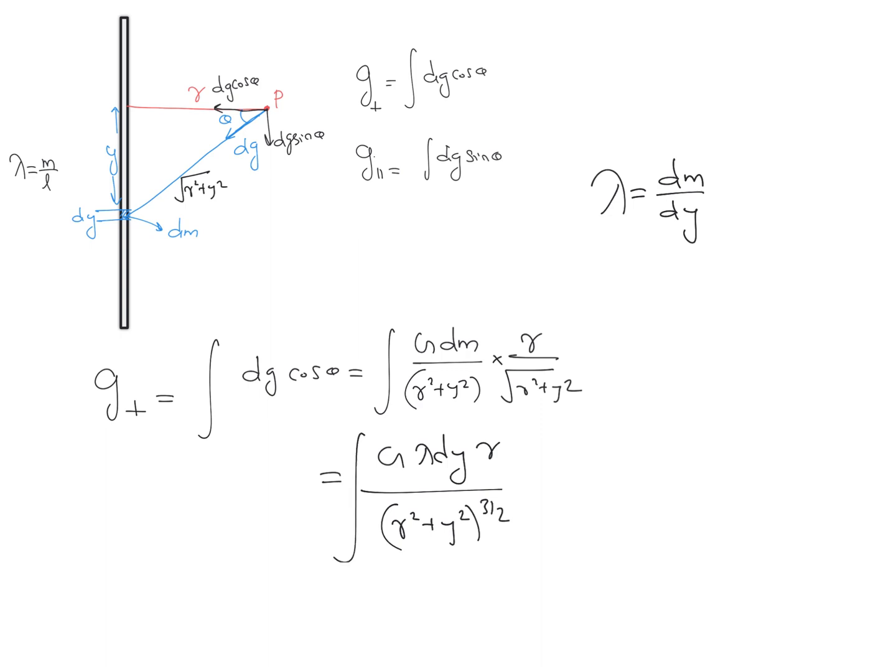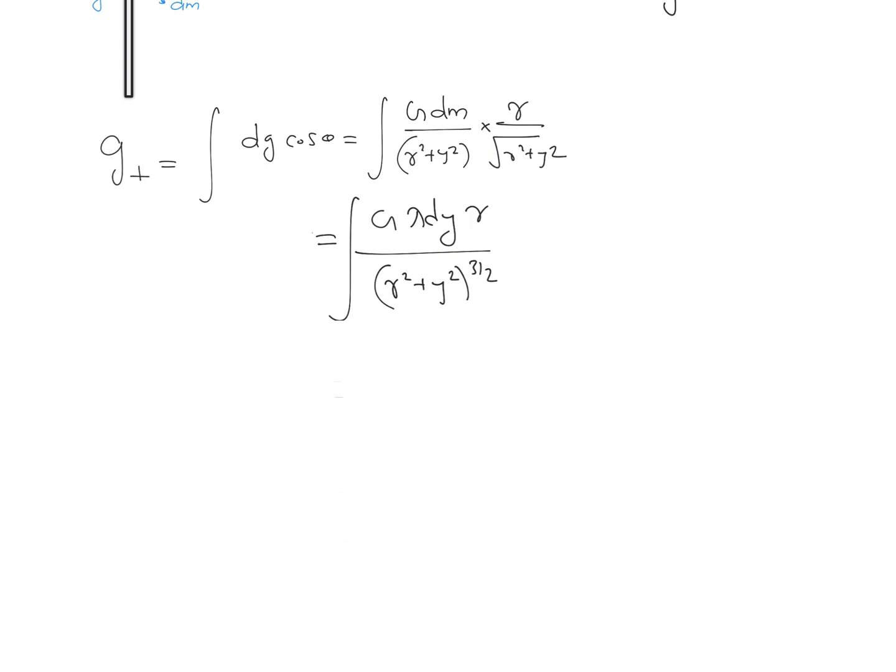Now if we integrate this, we will get the net gravitational field which is perpendicular to this wire. You can observe that G is a constant, lambda is a constant, and r is a constant, and y is a variable, so we need to integrate the term dy divided by r square plus y square raised to 3 by 2.